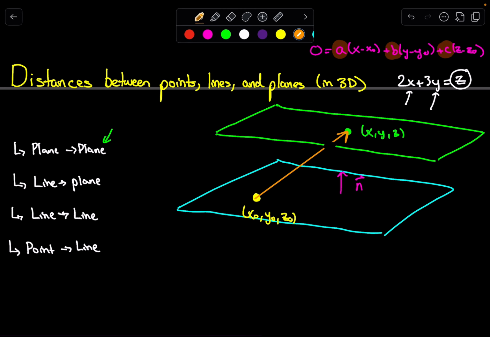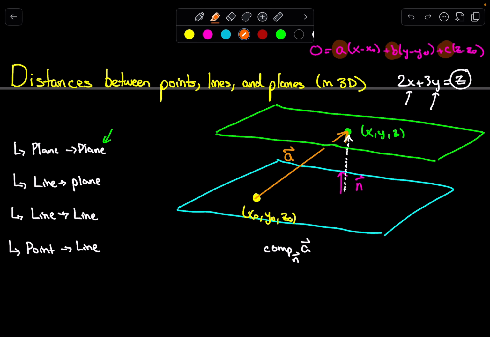I'm going to draw this vector between those 2 points. It's going to look something like this. And if I project this new vector that I've made, call it A, in the direction of n, it's going to give me some new vector like that. And if we just take the component of A in the direction of n, that's going to give me the length that we are looking for right there.